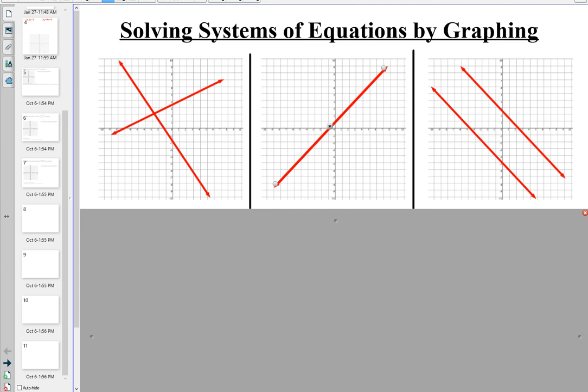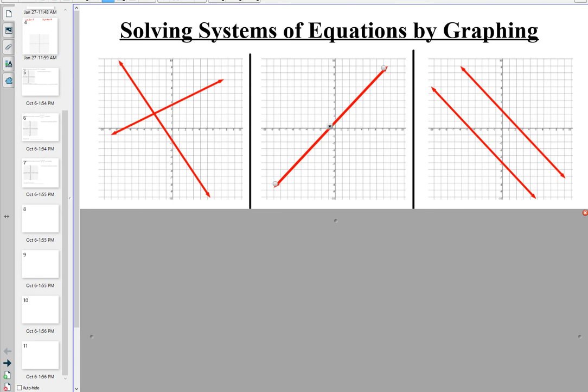So if one line is on top of the other, and a line by definition is made up of an infinite amount of points, at how many points will they be touching? An infinite amount, sure. And then on the last example here, you may know that these lines are parallel. But what we care about more today is how many times do parallel lines intersect? None.